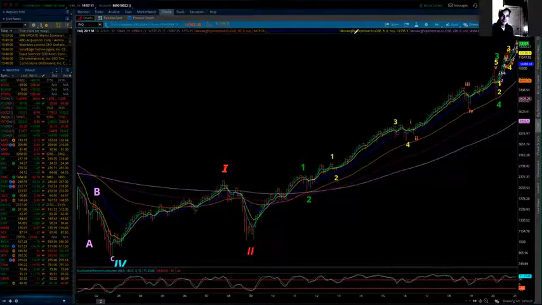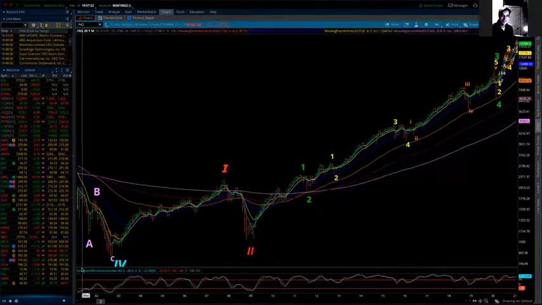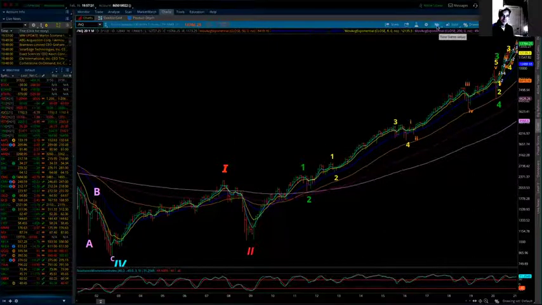But in order to do that, I needed to put it into context as to where we are in the overall larger picture. And as you can see from my chart, I'm actually able to go back to pretty much the year 2000, a little bit further, and update a chart.